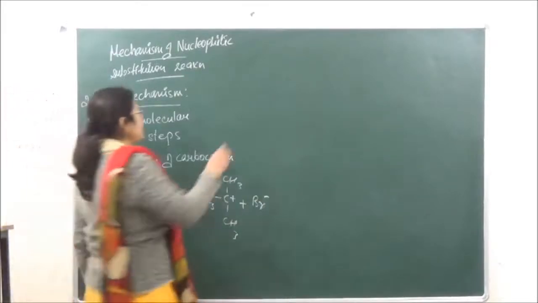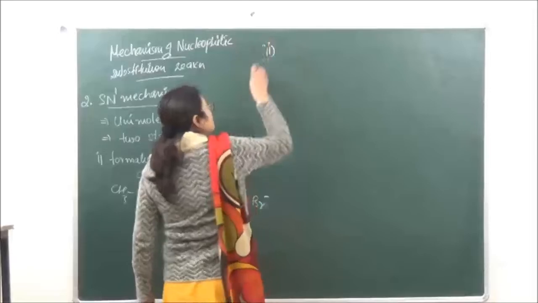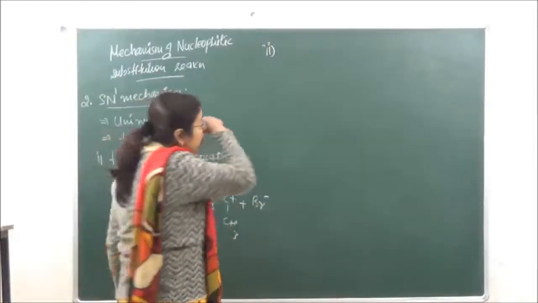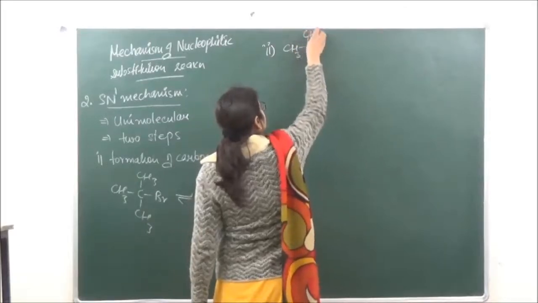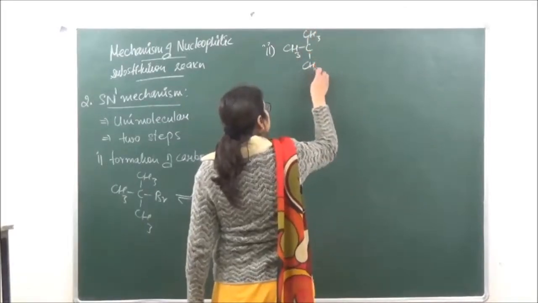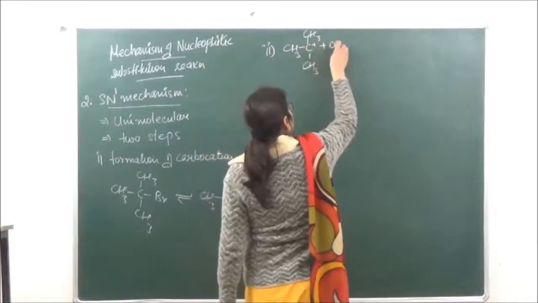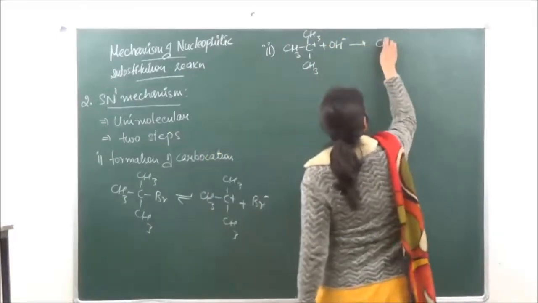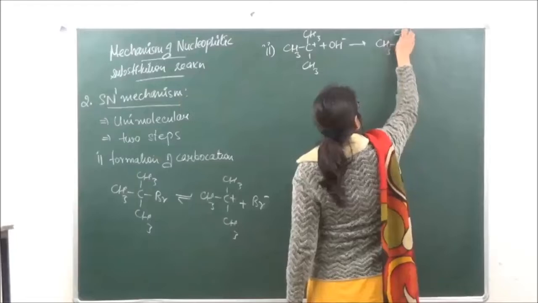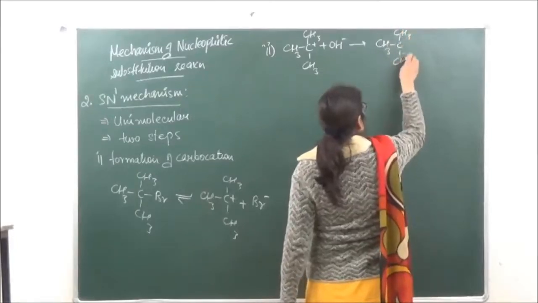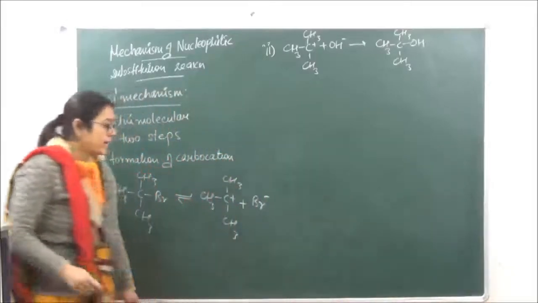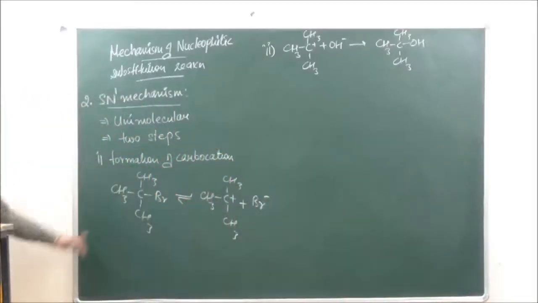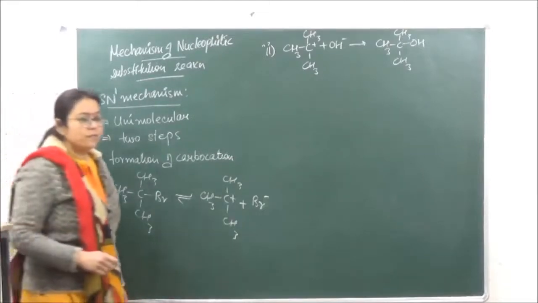And in the second step, the nucleophile is going to attack at the carbocation. So we have over here OH. Okay, now over here again the first reaction is going to be the slow step and the second reaction is going to be the fast step.